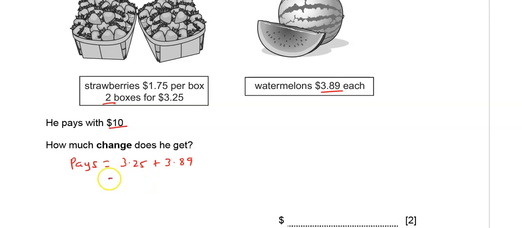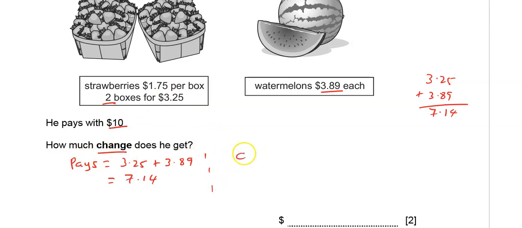So when you add this, 3.25 plus 3.89, this will give us 4, carry 1, 14, carry 1, 3 plus 3, 6 plus 1, 7. So he pays $7.14, but he pays with a $10 bill. So what is his change?